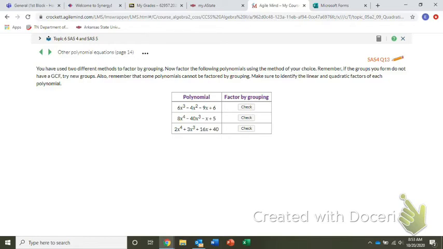So, on 13A, we have 6x cubed minus 4x squared minus 9x plus 6. Okay, so first it says group using an area model.